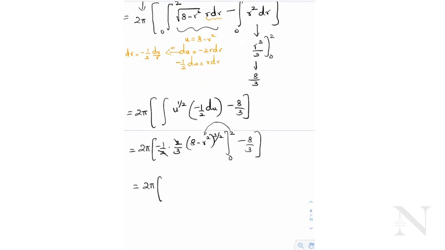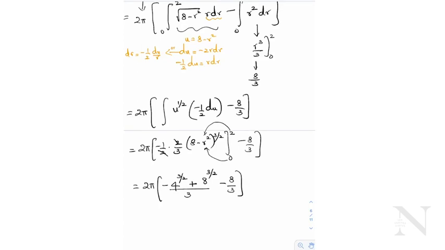When you plug in the upper limit, that's going to be negative 4 to the power of 3/2, since 8 minus 4 is 4. Then you have a minus negative, which is luckily a positive term. And then you plug in r equal to 0, that's going to be 8 to the power of 3/2. So all is well, the bigger term is positive. And you have that divided by 3, minus 8/3.